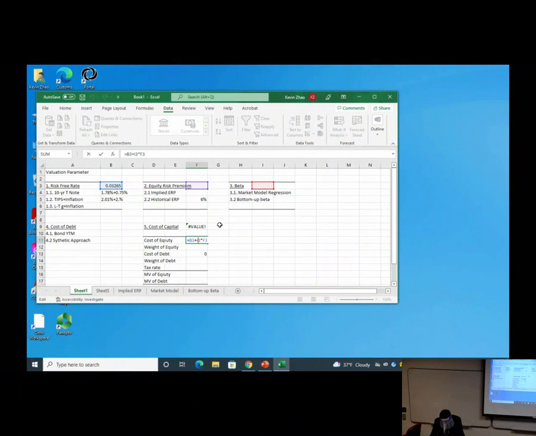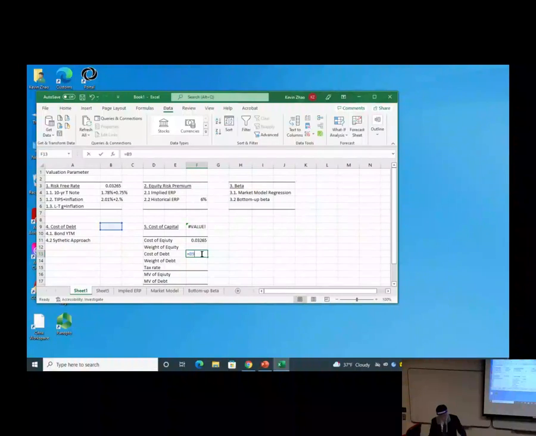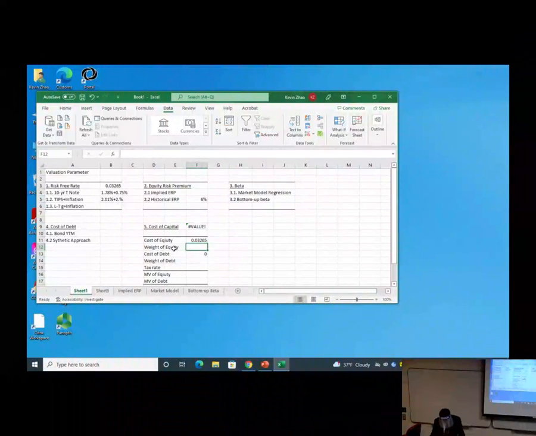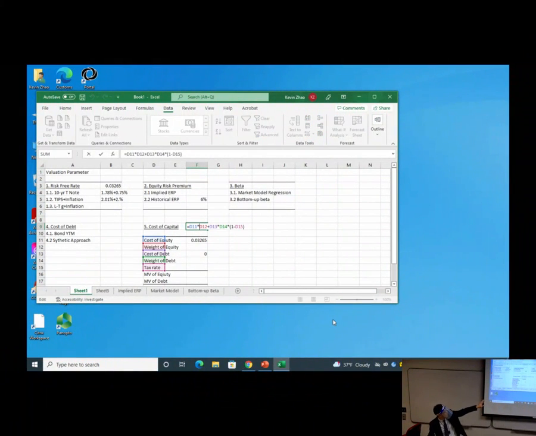And this cost of debt is from here, right now just a blank. Then you have the calculated weight of equity and weight of debt. Then you can calculate the cost of capital, with the tax rate as well.